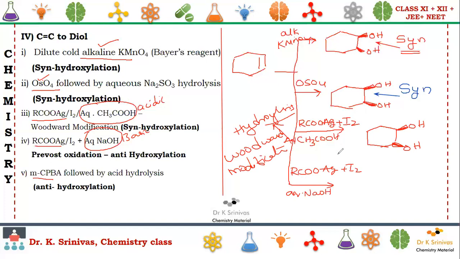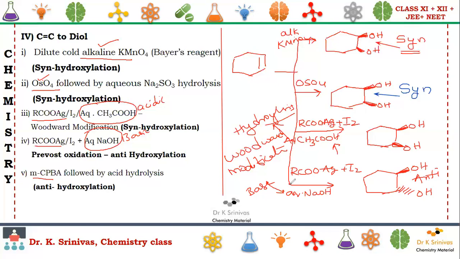In the above case, we have done acid hydrolysis. Now we are doing base hydrolysis. Here we are going to see the formation of diols in the opposite, that is nothing but anti. One is above the plane and another one is below the plane.